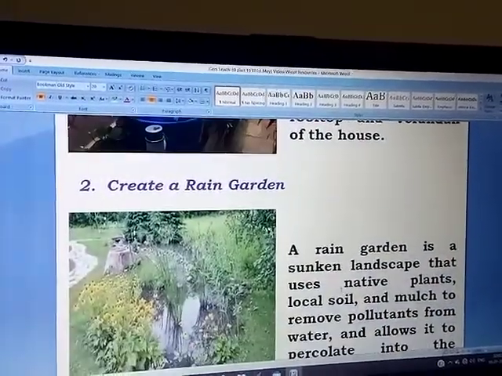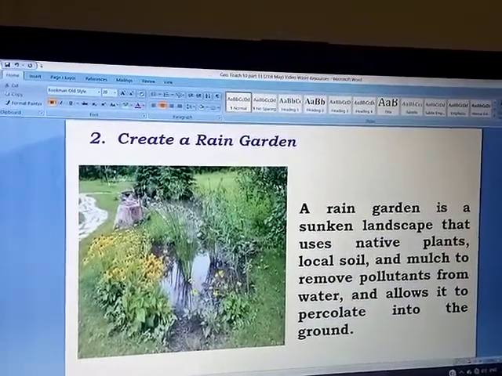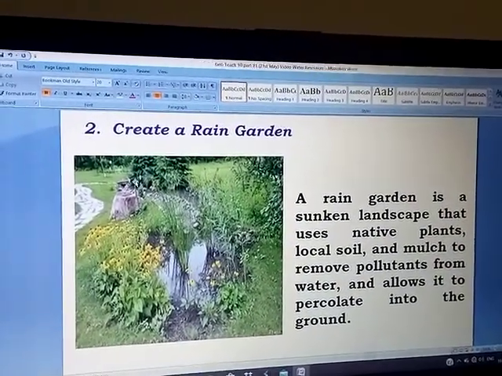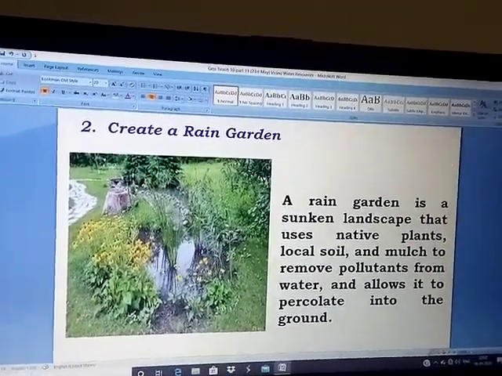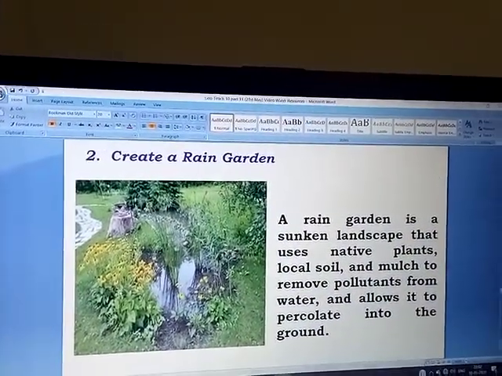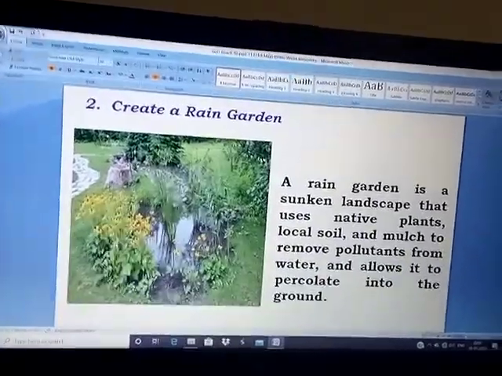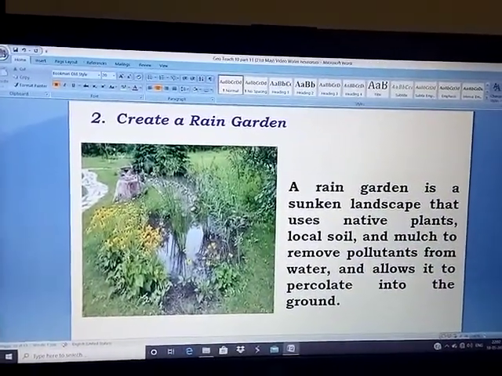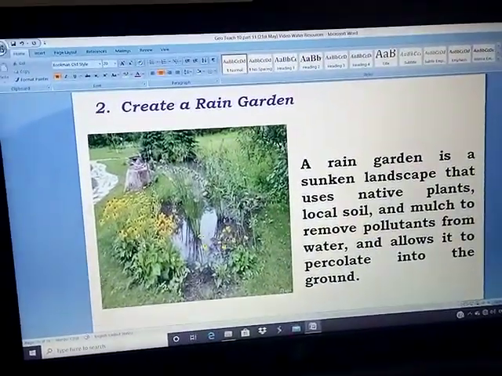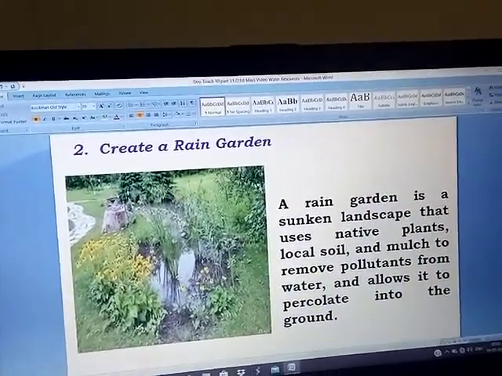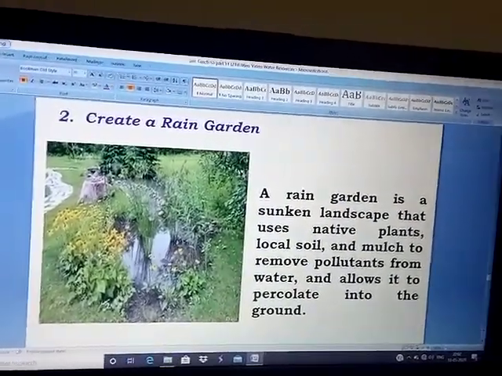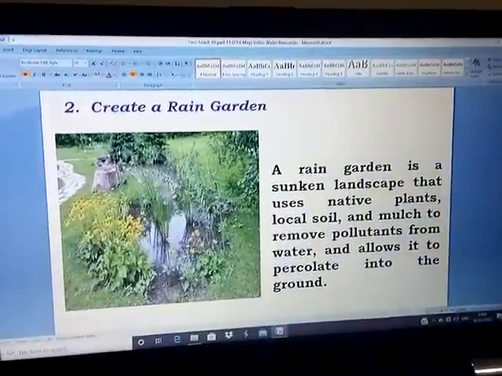Now there is creating a rain garden. That means in the garden itself you have got a pit, and if you have got a house with a little bit of land around it, there's lots of water. Have you seen your school? Around your school building you have got so much land, and all this surface water goes to our field, and after the heavy rainfall our field becomes an ocean-like big one.